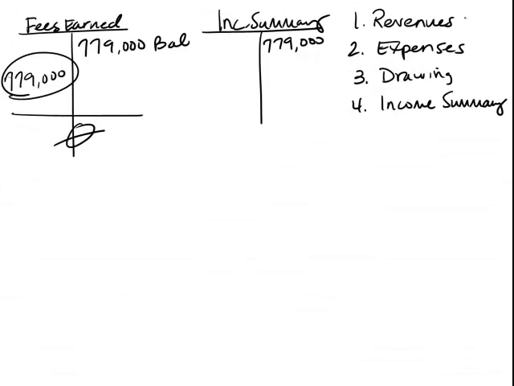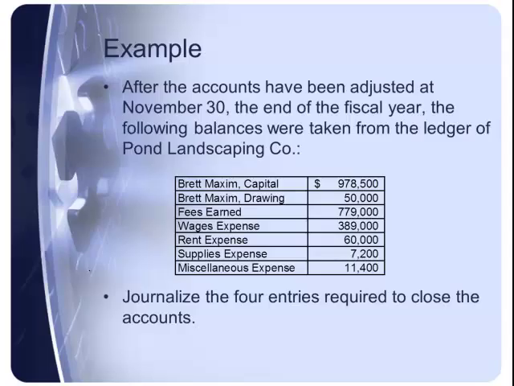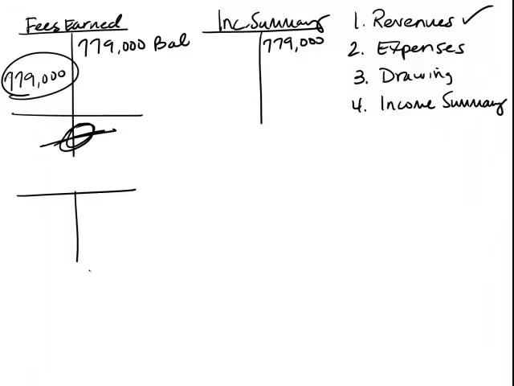All right, so we've done revenues. Revenues now have 0 balance. If we had more than one revenue account, we'd have to do an entry for it too. If it was interest revenue, rent revenue, we have to close them all out. All right, so expenses. We've got wages, rent, supplies, and miscellaneous.